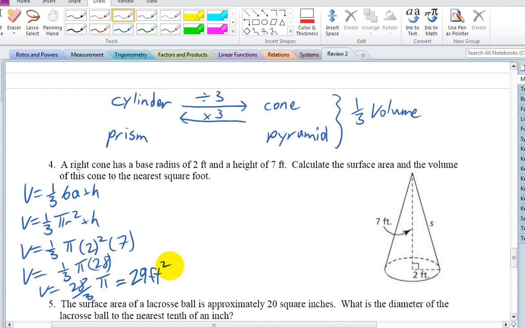Sorry? Oh, cube, thanks. Good job, Taylor.